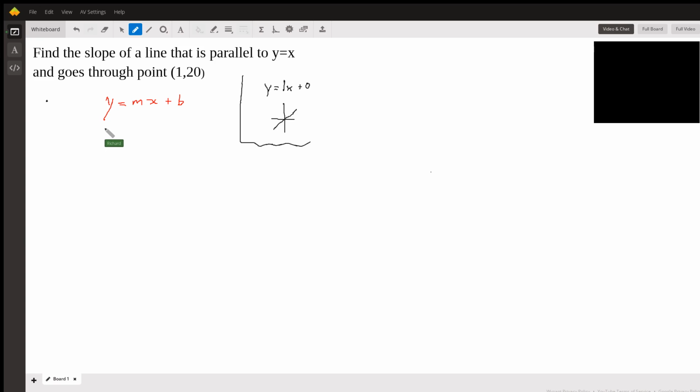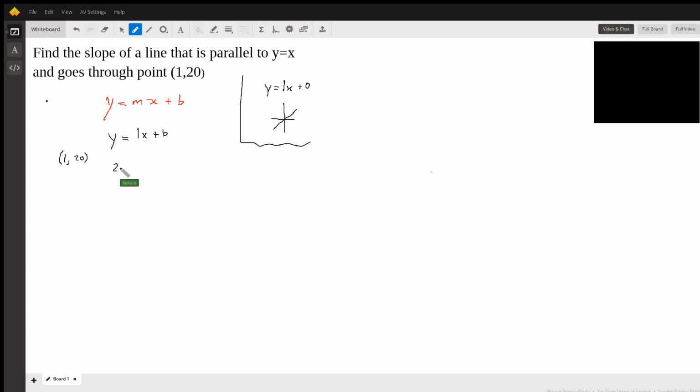So let's go back to our equation here. So y is equal to 1x. I'll put a 1 here just to remind us that it's there. We don't typically write that, plus b. And now we're told that it's going through the point (1, 20). So we'll plug this in.